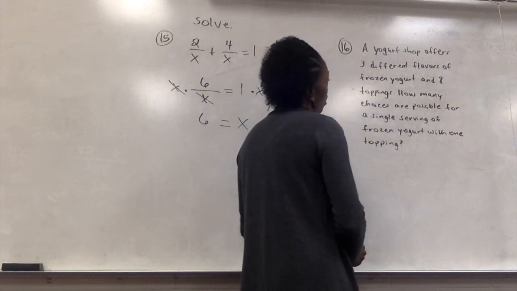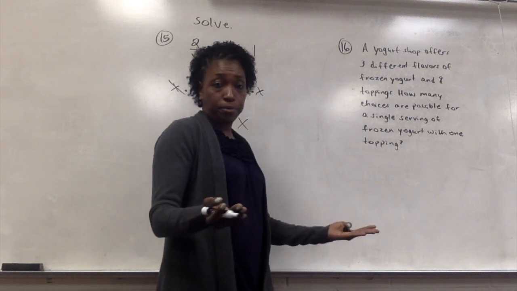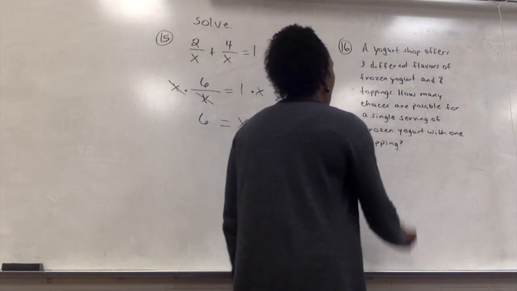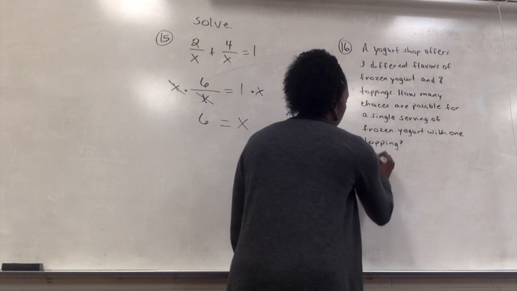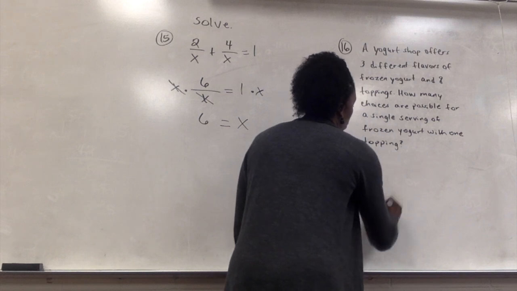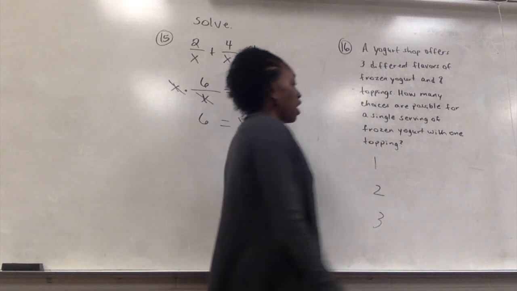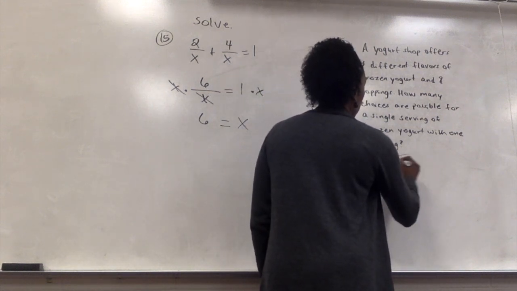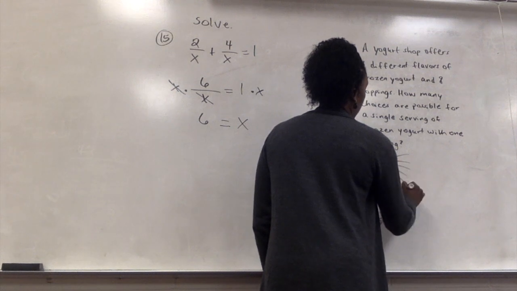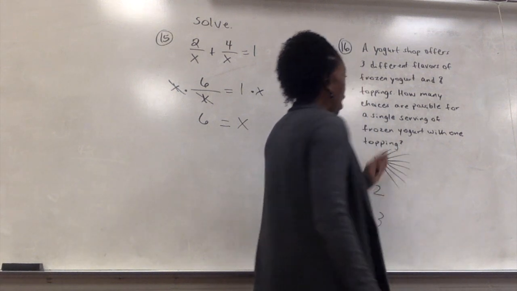Now, there are several ways you can do this with mapping. I can have choice number 1, choice number 2, and choice number 3 for my flavors. These are my flavors. And for each one of those, it's going to give me my 8 toppings.